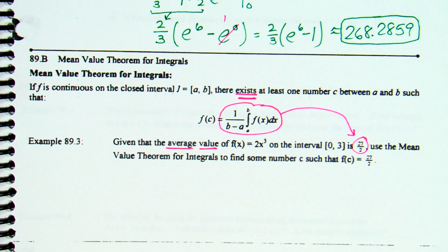So do we do just the exact same thing as we did to get 27 halves? No, because we're trying to find c. We need to work it backwards.